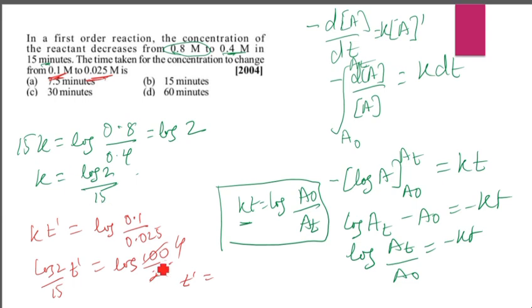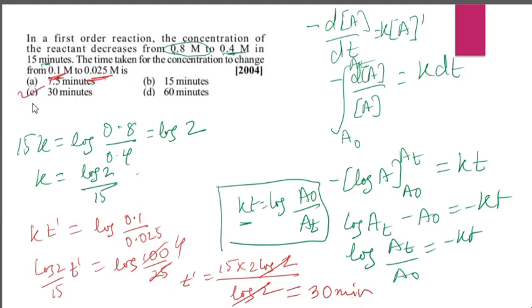Log 4 is basically 2 log 2, right? So 15 into 2 log 2 divided by log 2, so log 2 and log 2 cancel, and we are left with 30 minutes. So the correct answer will be 30 minutes.